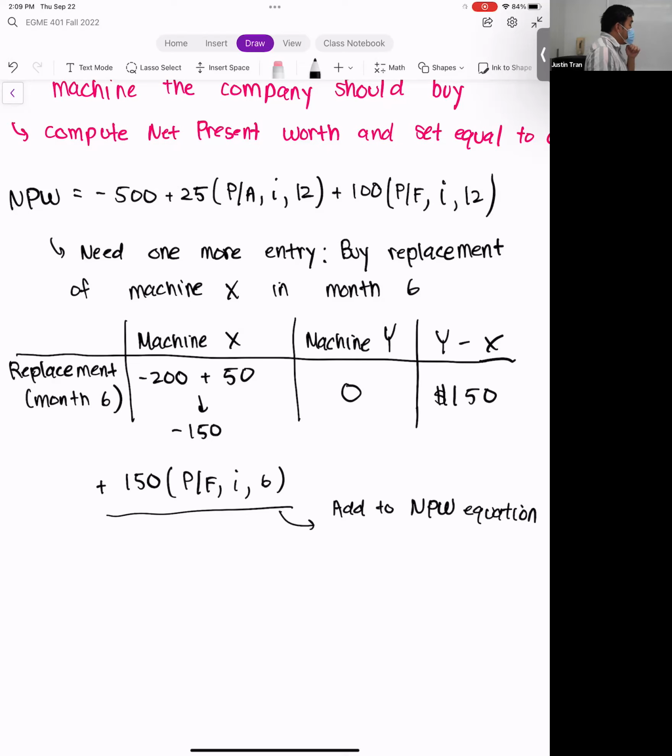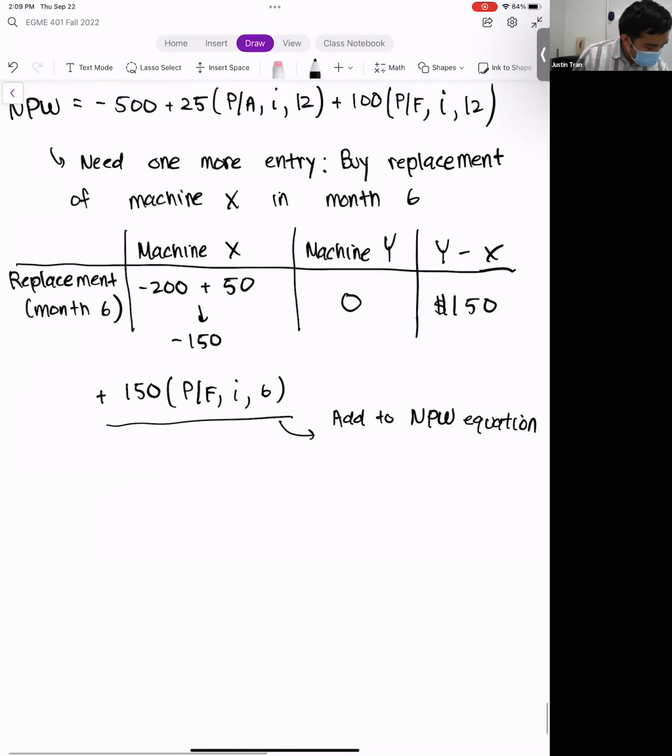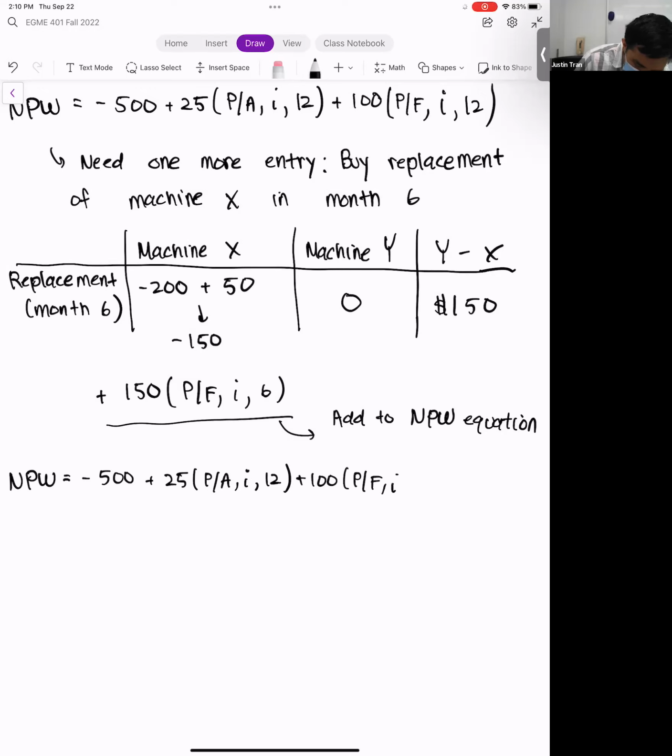Okay, and so we're going to add this to the net present worth equation. So we have one more entry to do. Our total net present worth equation is going to be minus 500 plus 25 P over A, i and 12, plus 100 P over F, i and 12, plus this extra 150 here, so 150 P over F, i and 6.